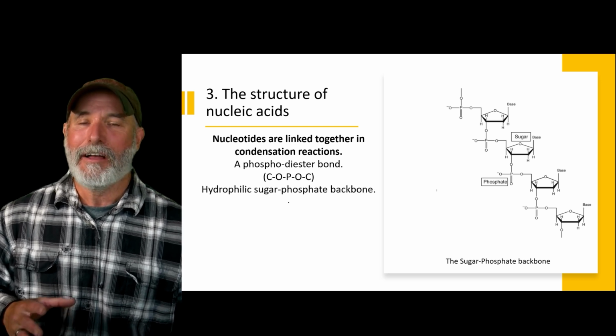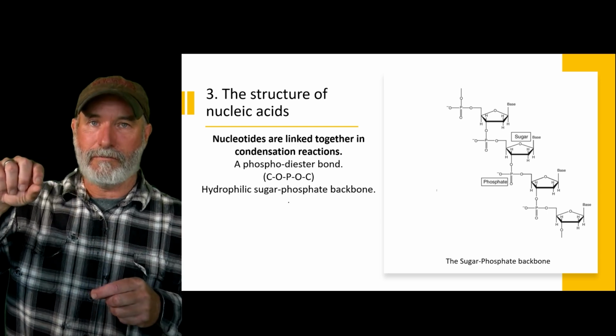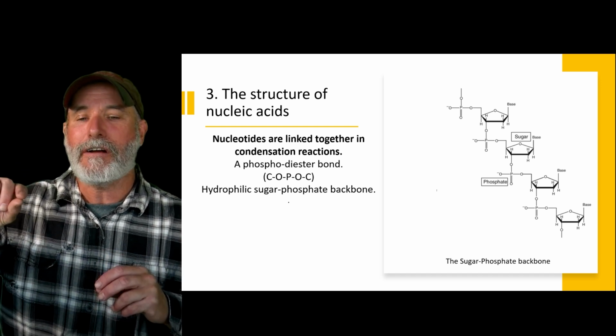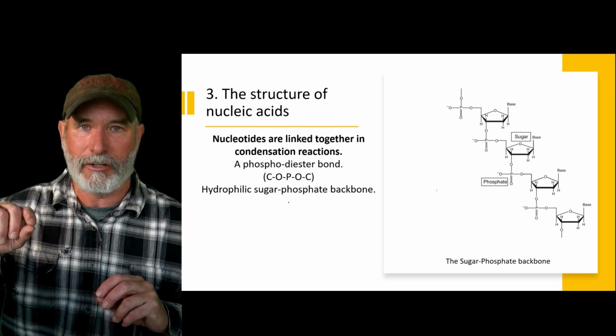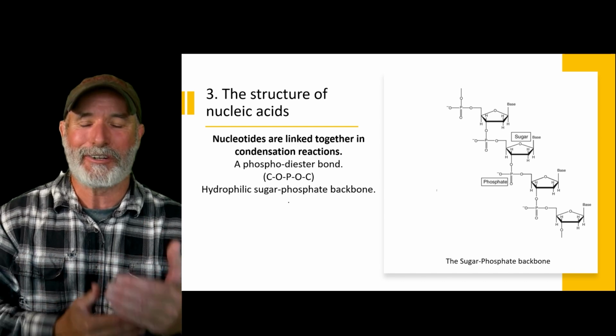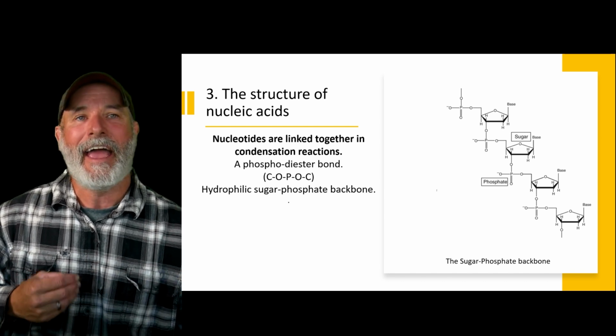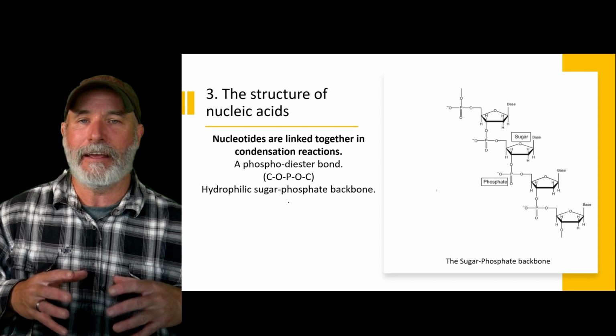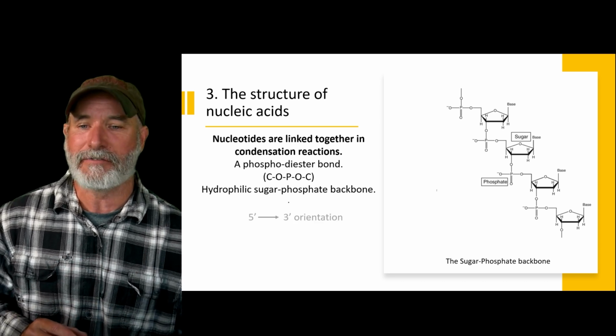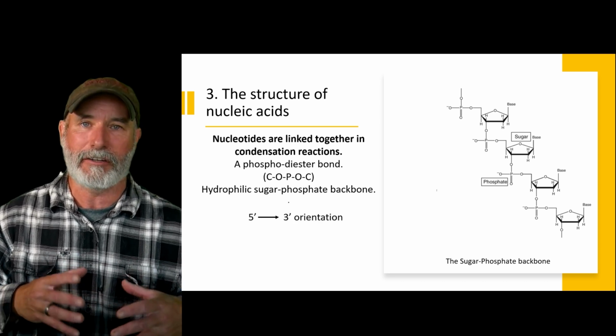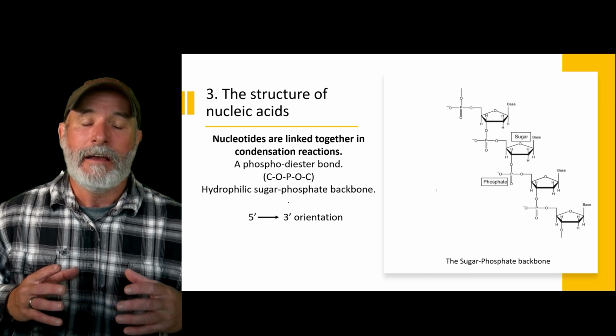Okay, now that forms what is called the sugar phosphate backbone of our nucleotides. Sugar, phosphate, alternating back and forth between sugar and phosphate, and it is hydrophilic, and it can totally dissolve in water. And that's very important in terms of how this molecule interacts inside of our cells.